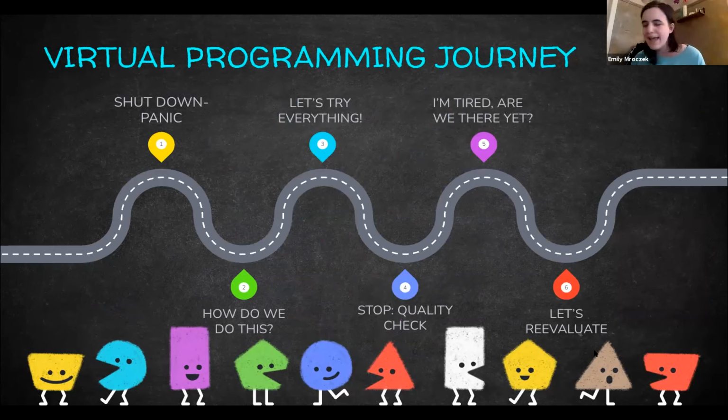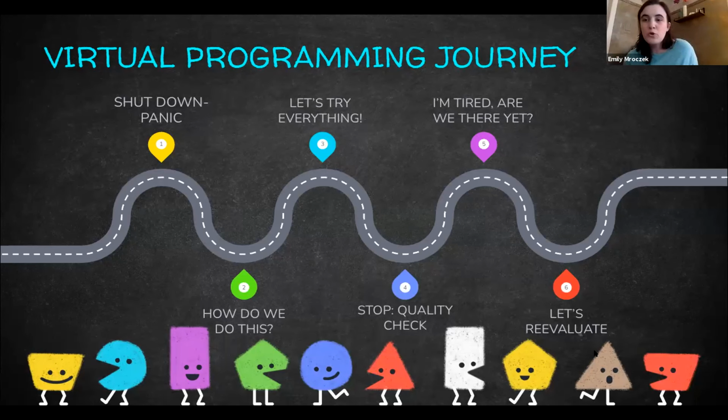So going back, we are past a year since the pandemic now. Already hard to believe. And we have been through a lot. Everyone has. And I remember it started with the shutdown panic and all the libraries closing and not even knowing what to do. And then it went to the how do we do this? Can we do programs? How do we reach our people?